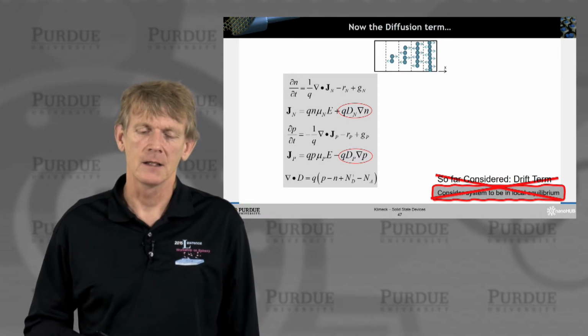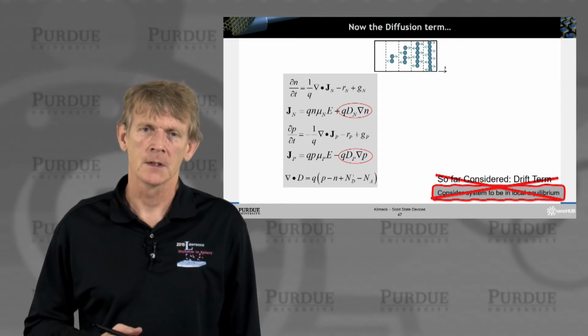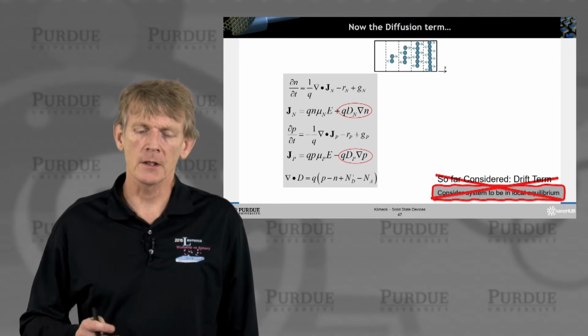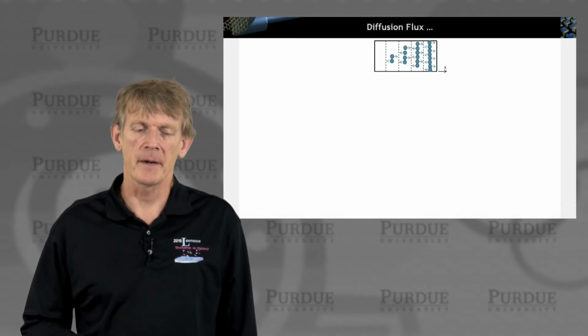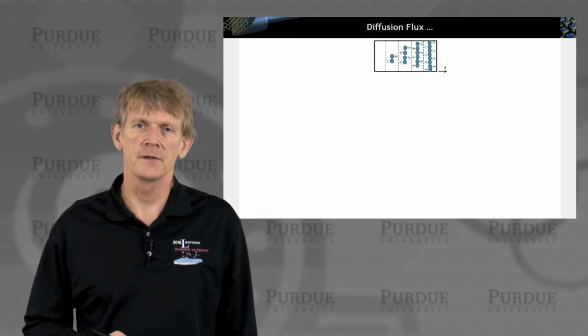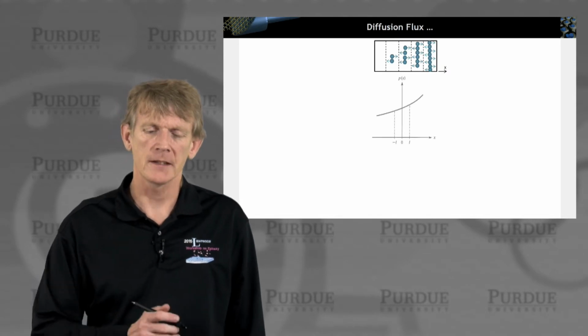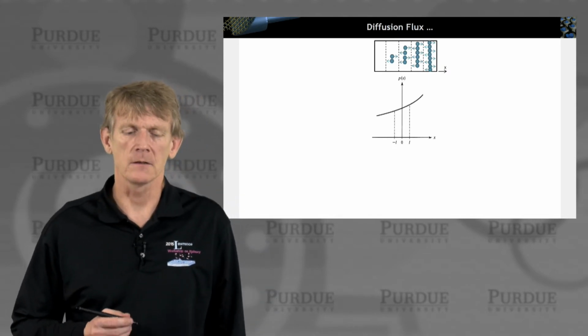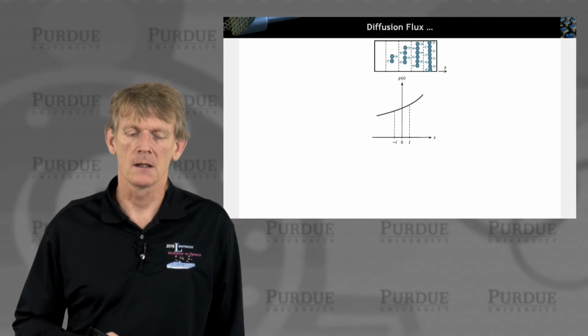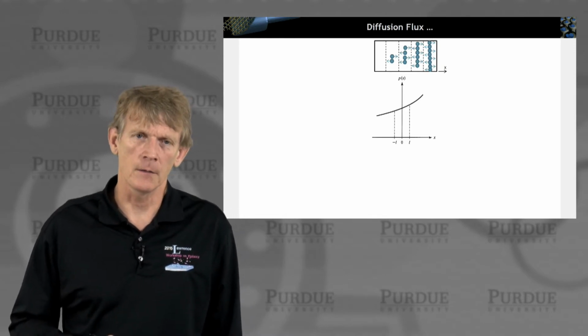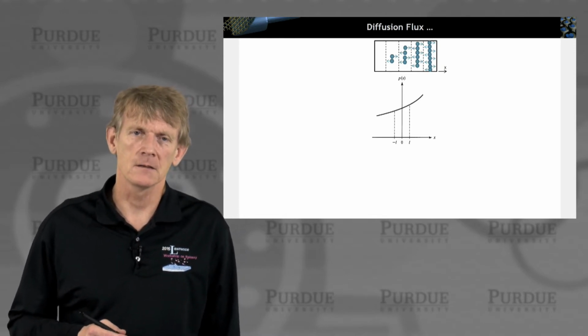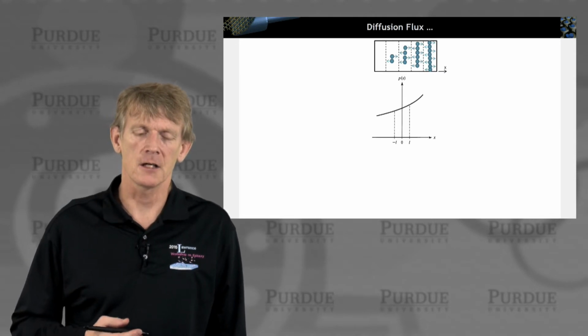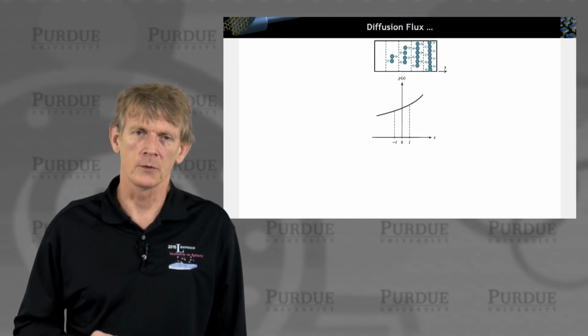So this is sort of a temporal description, but we can also now look at a spatial description where we look at a diffusion flux. So let's assume that we have a gradient of charge in our device. Somehow we have managed to have a charge distribution that is not homogeneous.